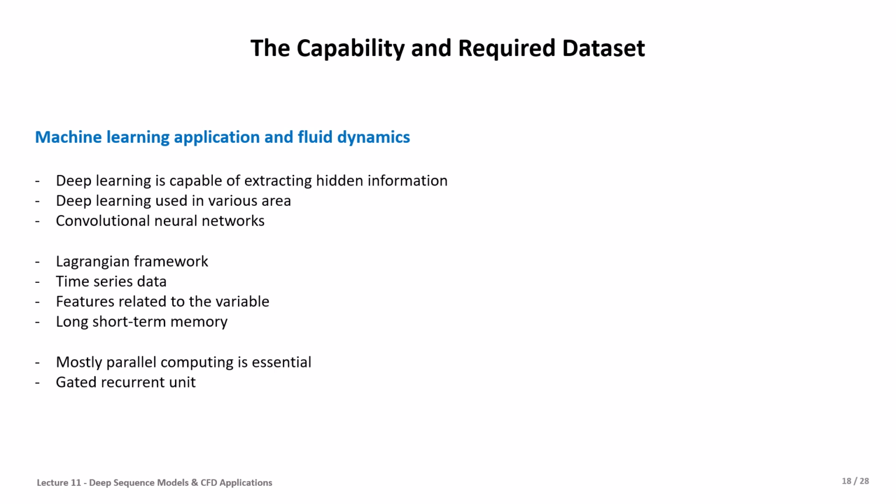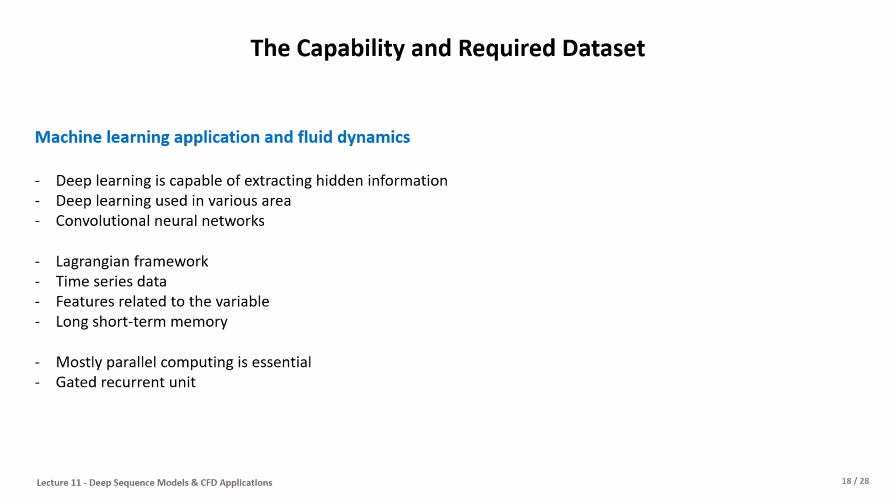We have the Lagrangian framework, in which we can define the time series data of the flow properties, and we can find the correlation between these properties and use it for models like LSTM or GRU, which are very similar variants, and then investigate the parallel computing in such models.